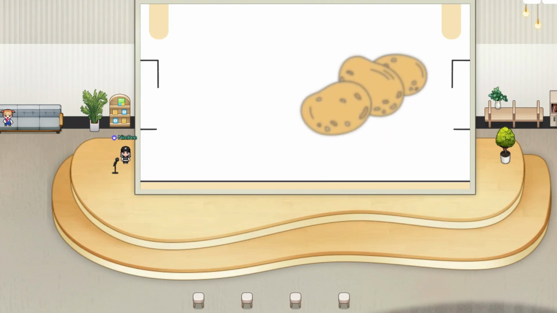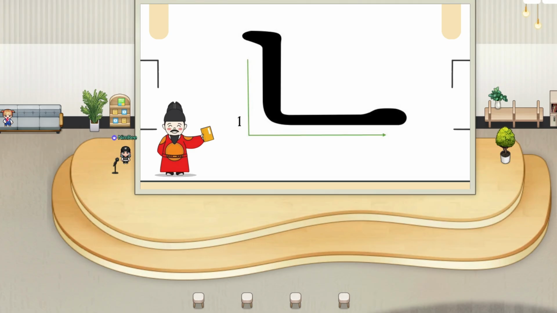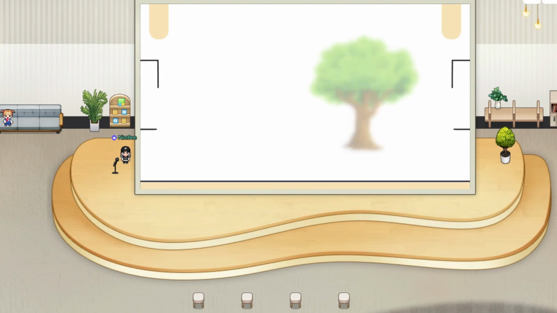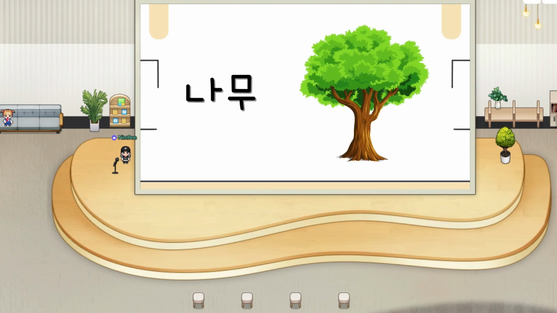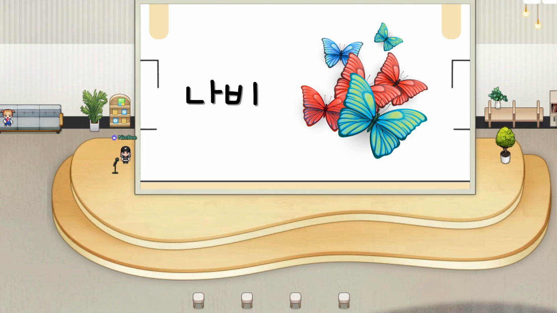Next one is 감자, potato. Now let's move on to the next letter. Next letter is 니은, which sounds like ne. The first example is 나무, which means tree. Next is 나비, butterfly.